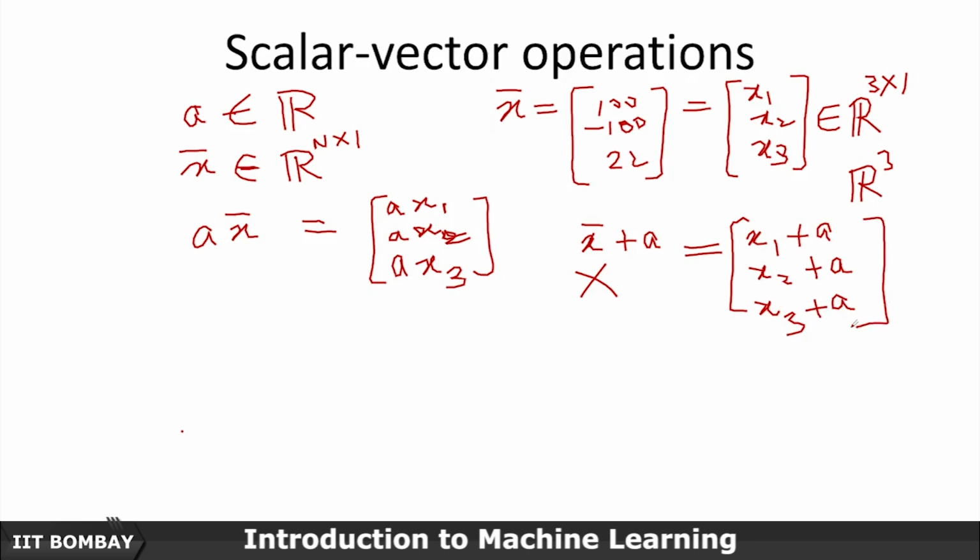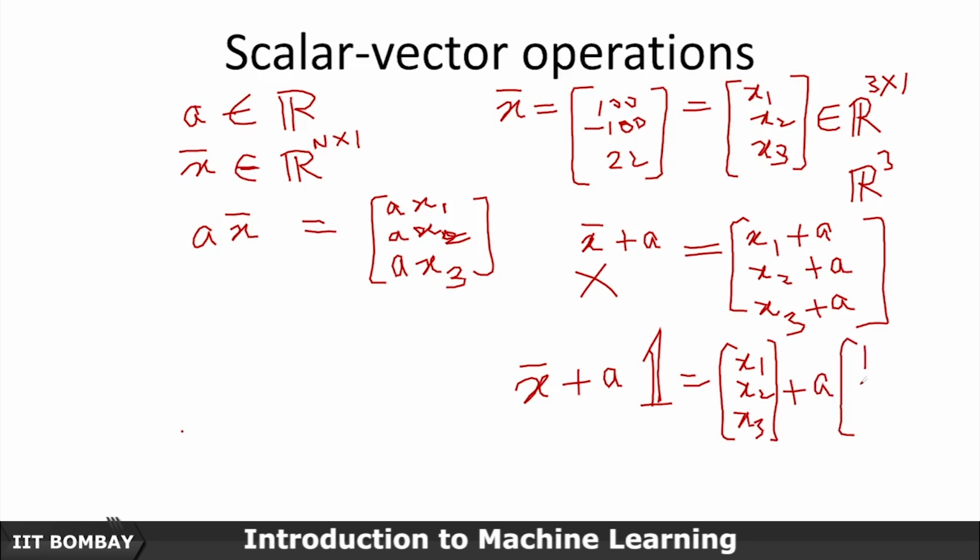If we were to write this in linear algebra notation, we will not write it like this. Instead, we will write this as the vector x plus a times a vector of 1s, which we will write as this stylized 1. So now you have x1, x2, x3, and that vector is added with a times a vector of ones.